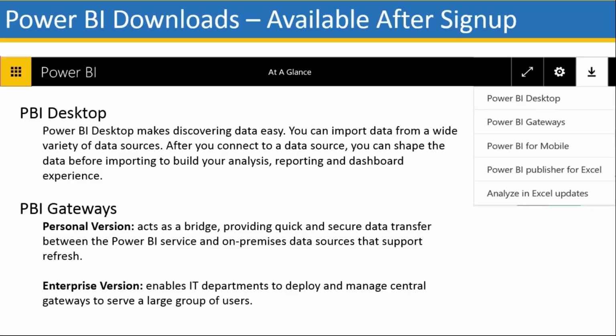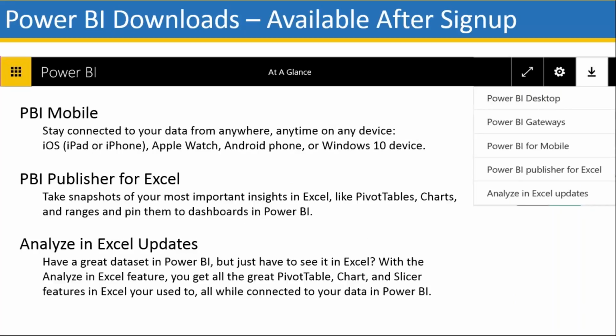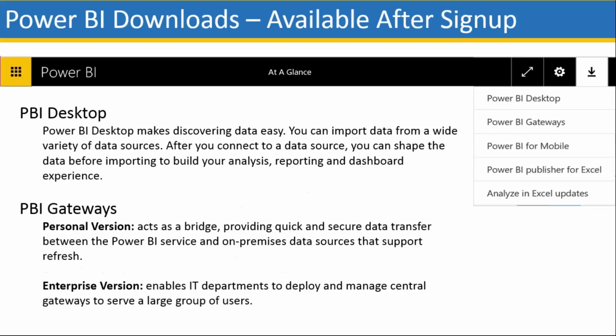Now, Power BI has different types. What are those types? Power BI Desktop, Power BI gateways, Power BI mobile, Power BI publisher for Excel, and Analyze in Excel updates. Coming back to Power BI Desktop. Power BI Desktop is an independent island.